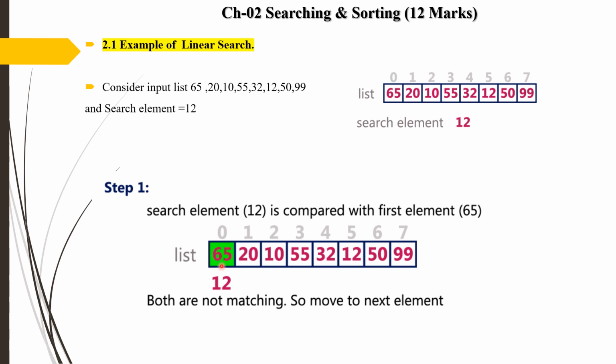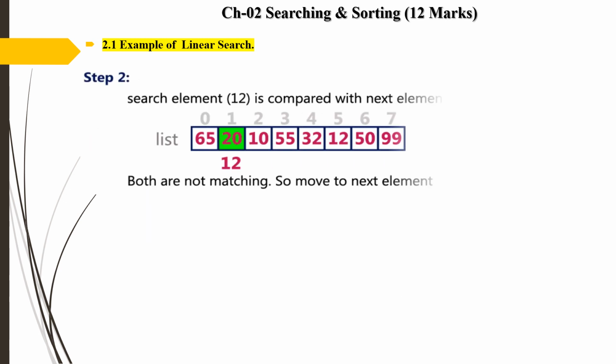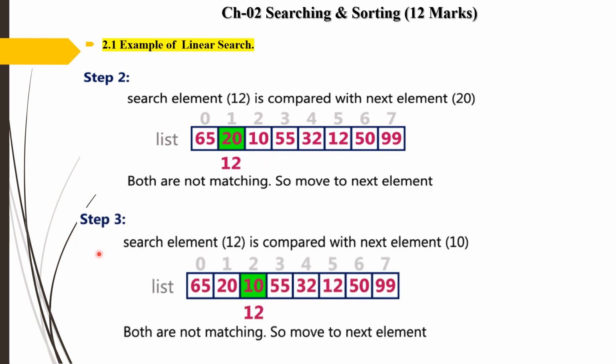So we move to the next element, that is 20. Next step, second, search element 12 is compared with 20. Again same, both are not matched, so move to next element, that is 10. Third step, search element 12 is compared with 10.